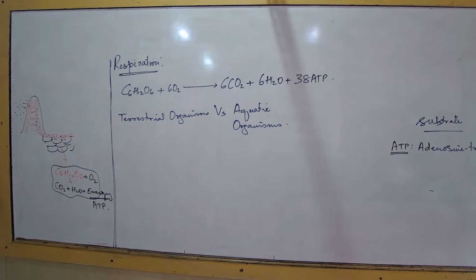What is the advantage of a terrestrial organism over an aquatic organism? We will write down. What are the points we have to write? Number one, more amount of oxygen in the air. Number two, lesser amount of energy utilized for a higher supply of oxygen. These 2 points we'll write. Write down the answer there.